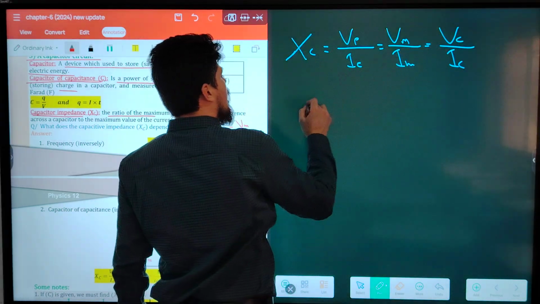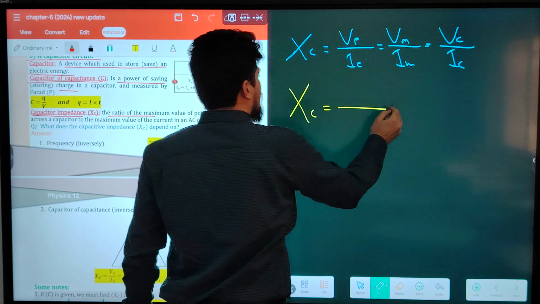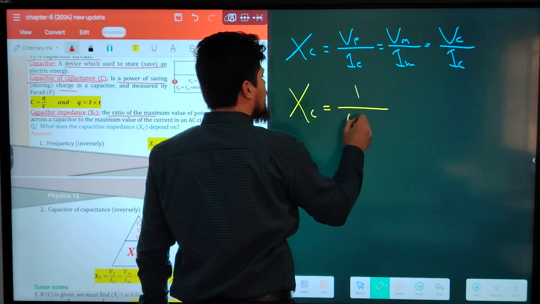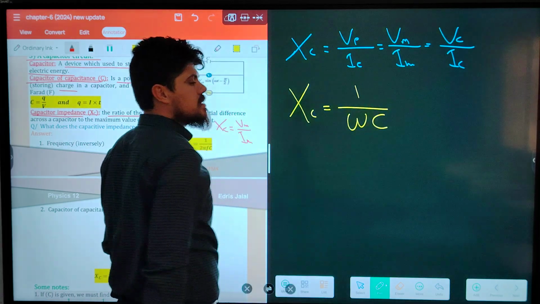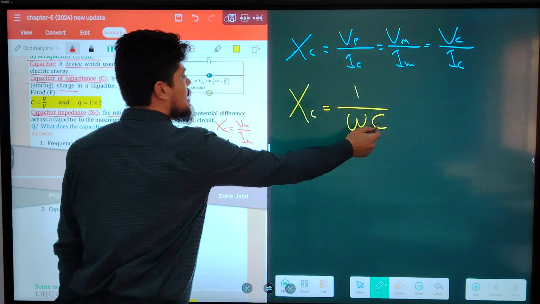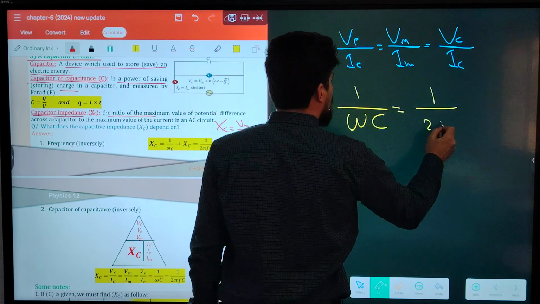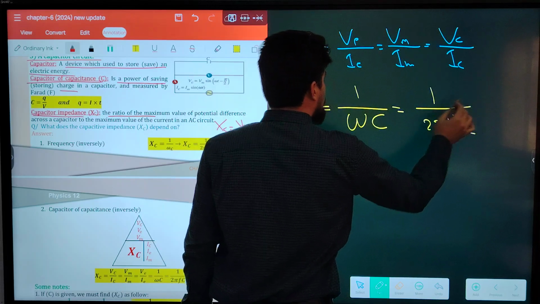It follows Ohm's law. And also we have two other equations to find XC: 1 over omega C, angular speed times capacitance, which is equal to 1 over 2 pi f C.